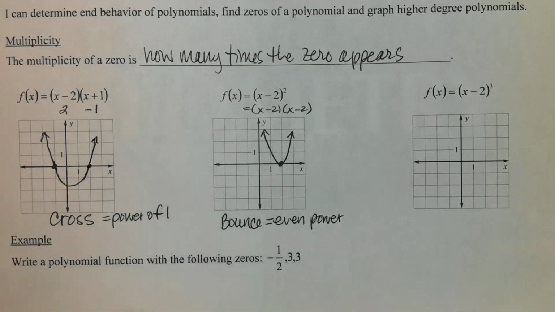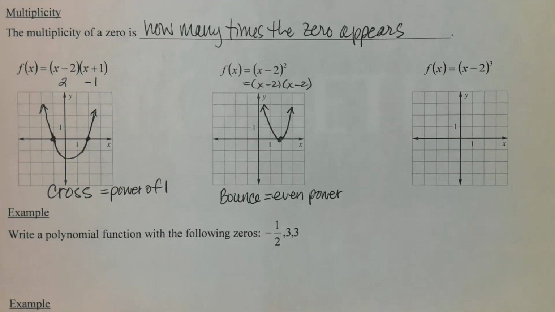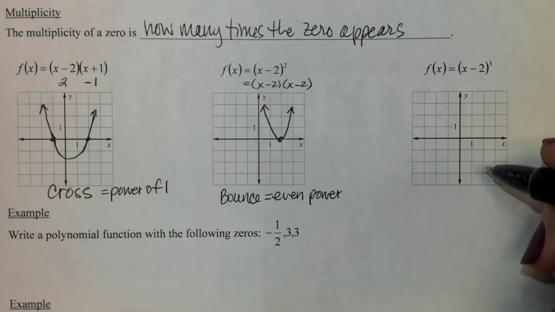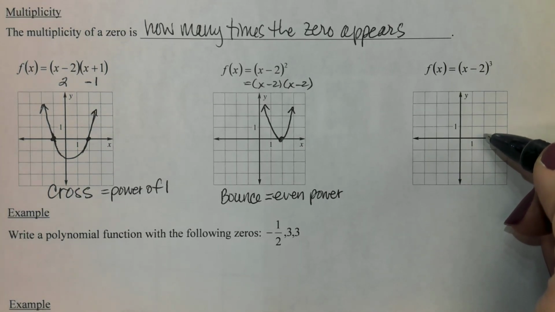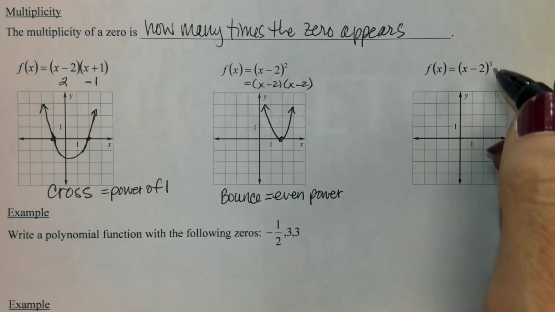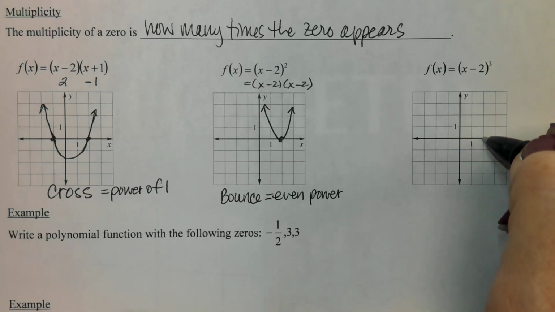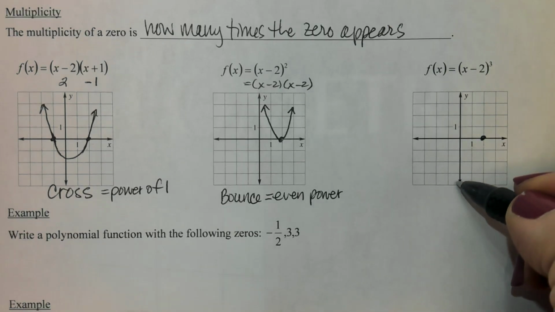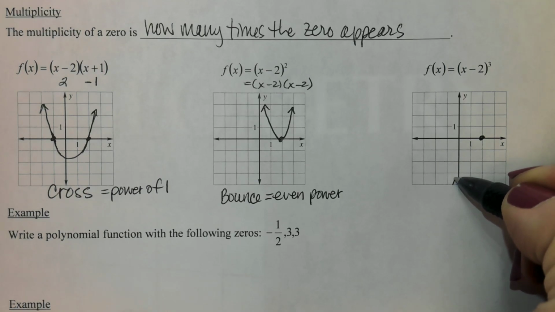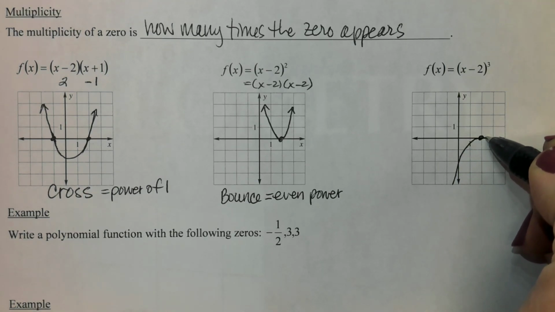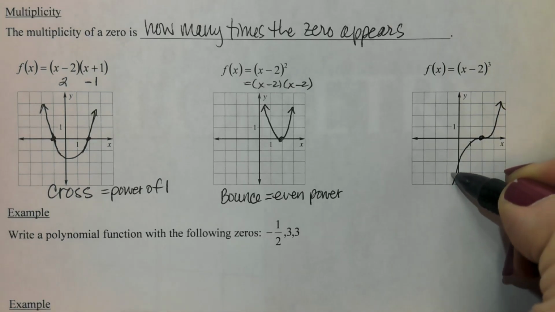These ones bounce off. The third one is what happens when you have a cubed or a fifth or any kind of odd power. It acts like a mini cubed function right on that point. So this is a 0 at 2 again, and it's positive, so our normal function is going to start at the bottom, and when it gets to this 0, it's going to snake through it before continuing on.